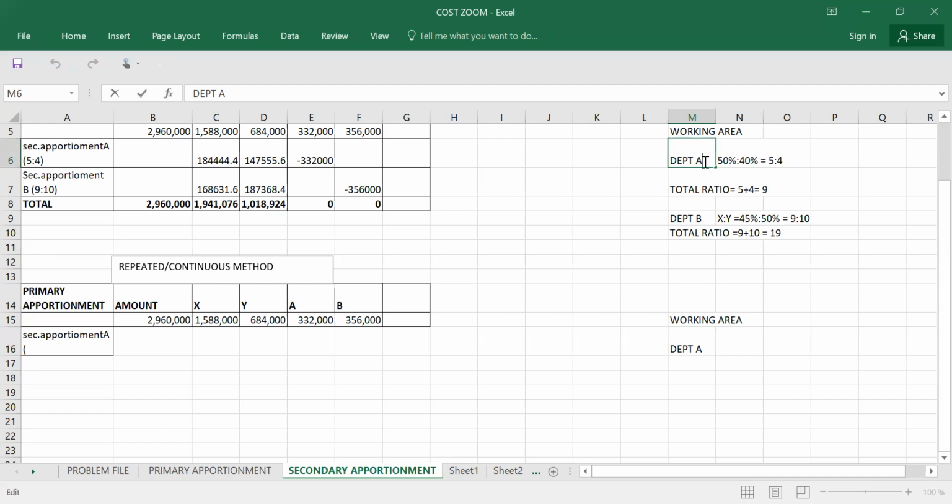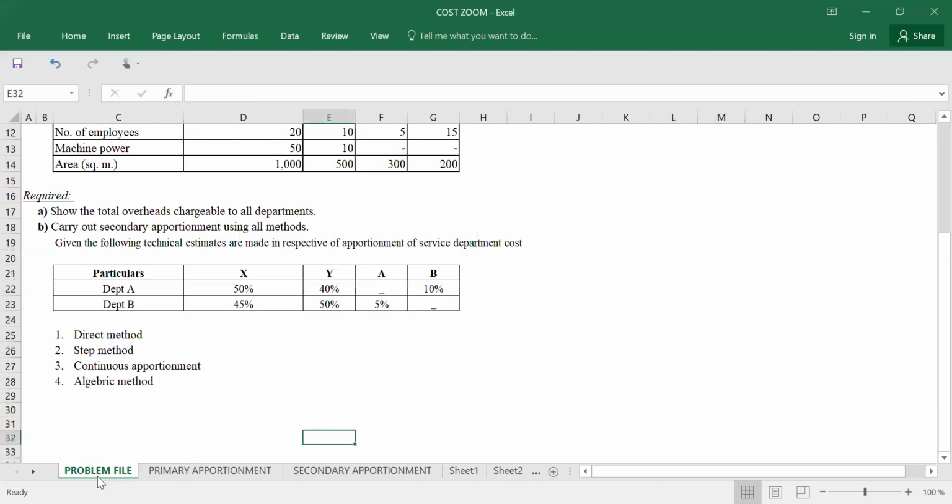Let's first make it clear that department A is distributing to only X and Y. But in this case, department A is distributing to X, Y, and B, in the ratio of 50, 40, and 10.